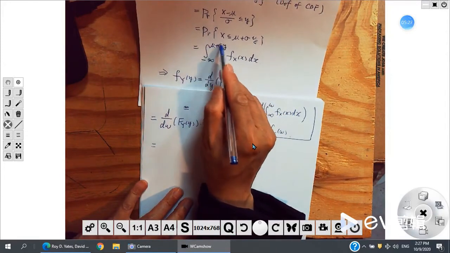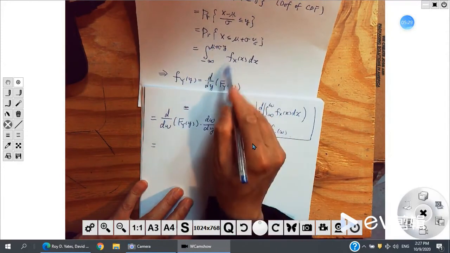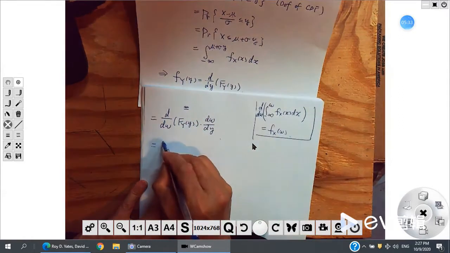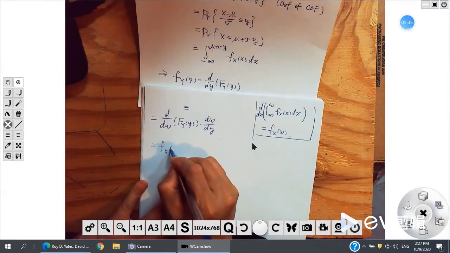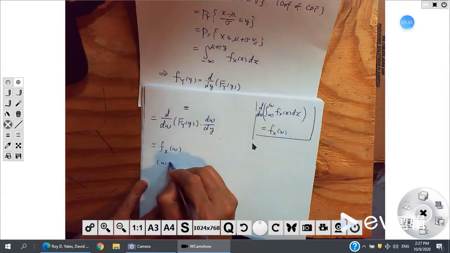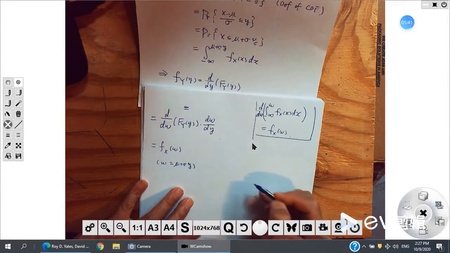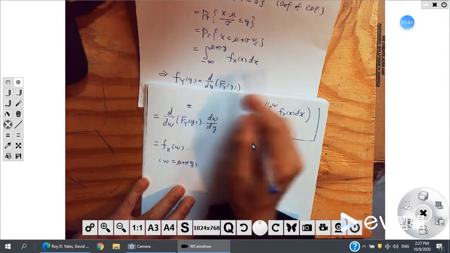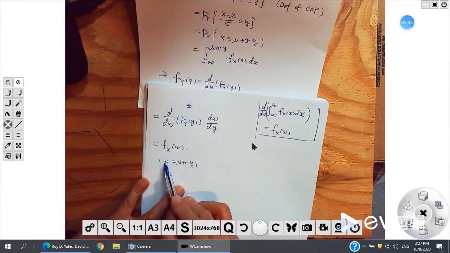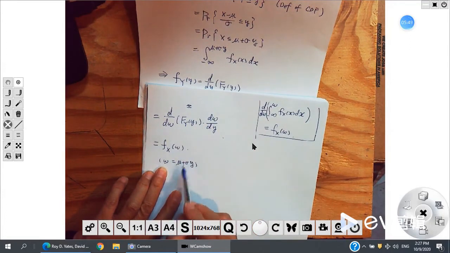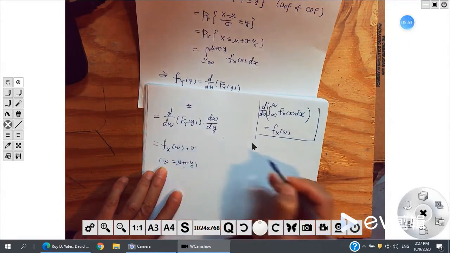We consider the whole thing as omega. The result is f_X(omega), where omega is mu plus sigma y. Then we take the derivative d omega over dy. So I have sigma, right? You get this one.